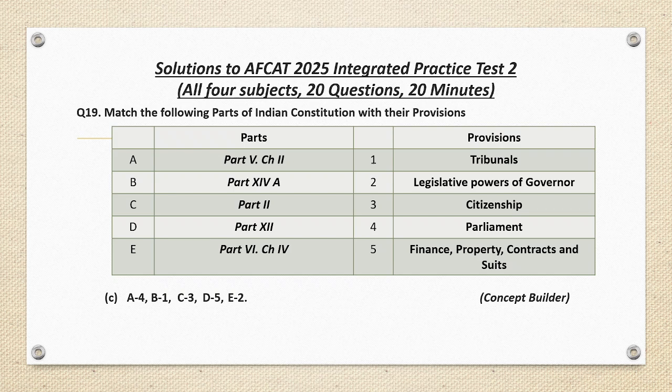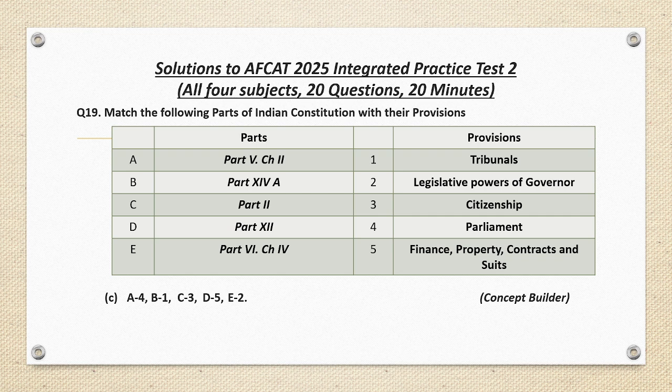Part 1 is India and its territories. Part 2 is citizenship. And parliament is in the union. The union is in Part 5. And Part 6 is states. So parliament you can straight away connect with Part 5.